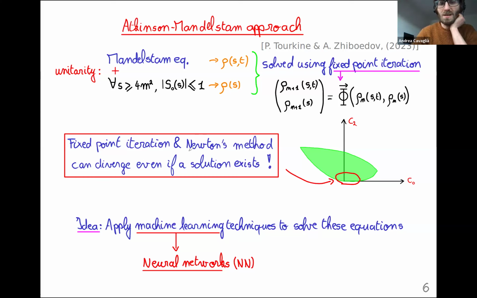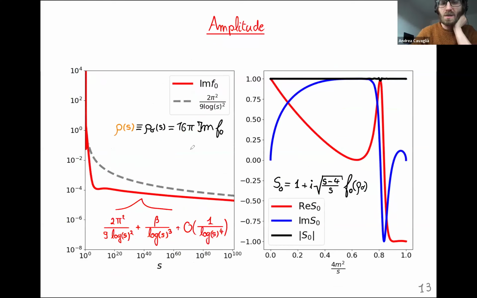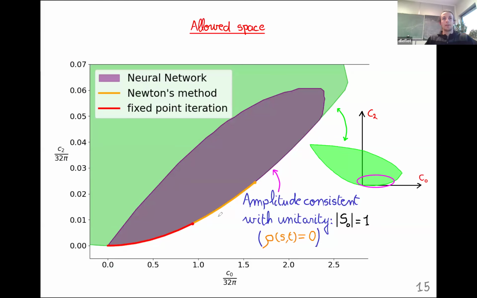Or did you mean it in another sense? The orange region is obtained by starting from a constant solution, and it is able to find a solution.